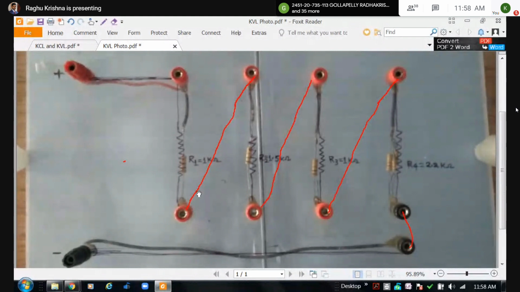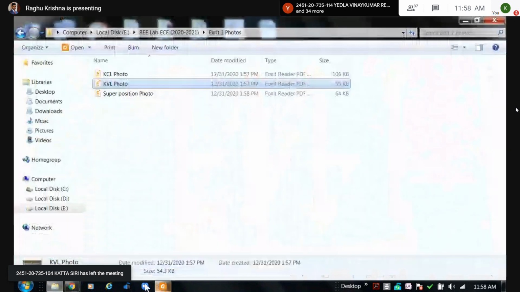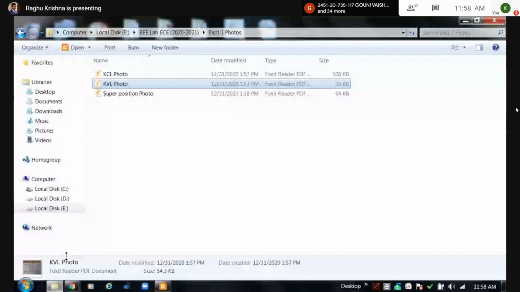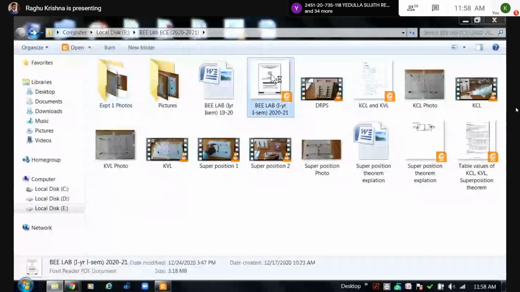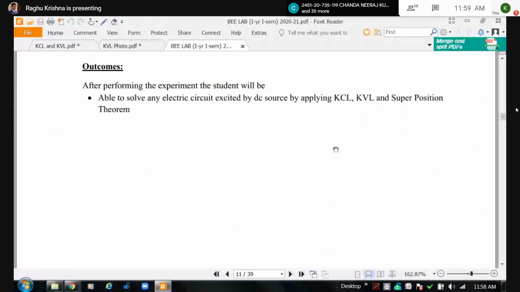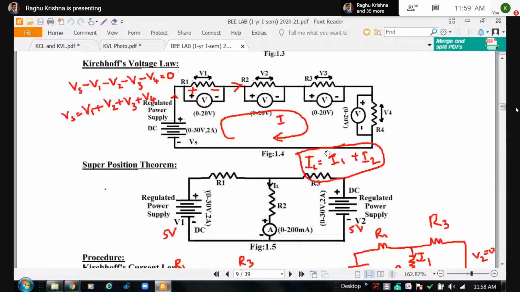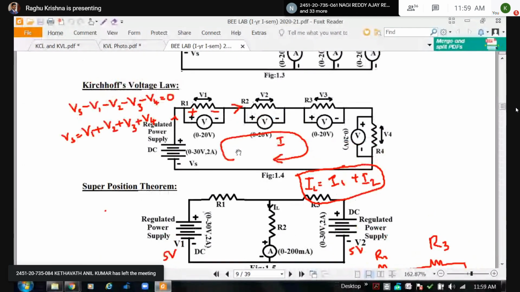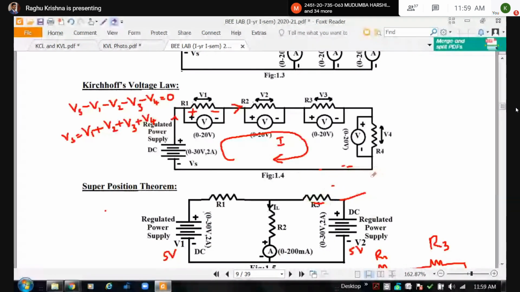So we'll go for the circuit diagram. See here, Kirchhoff's voltage law.